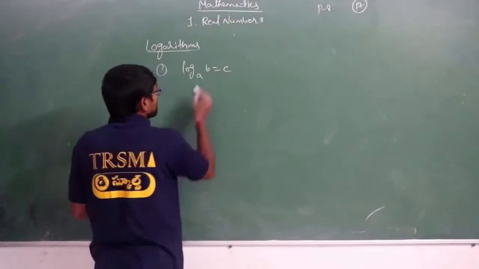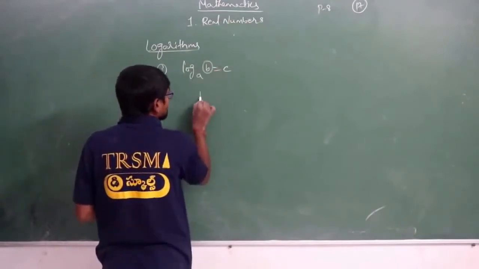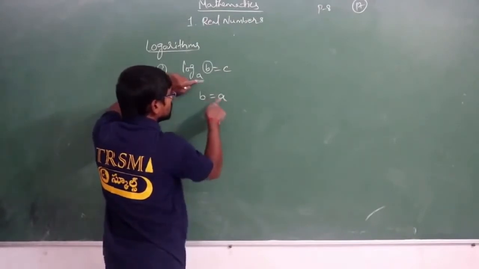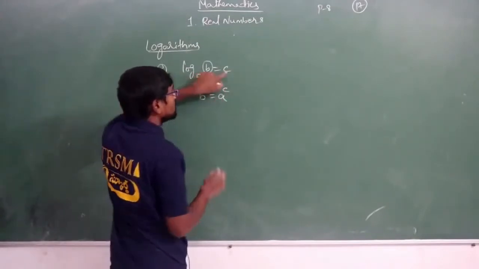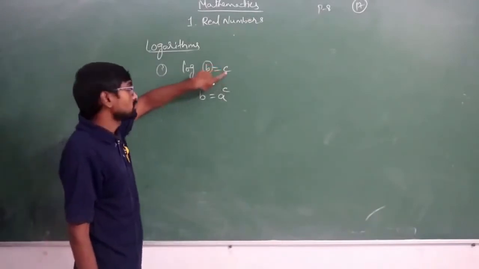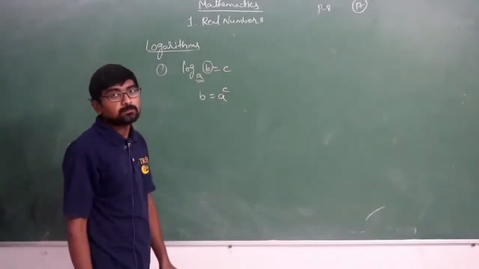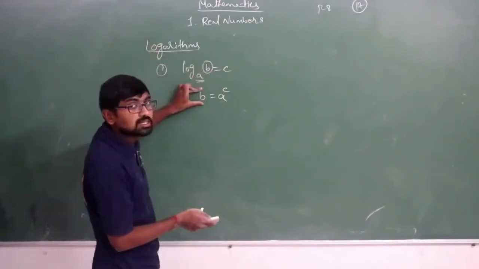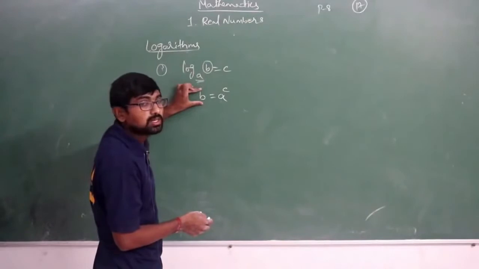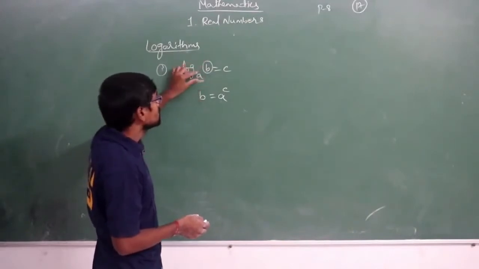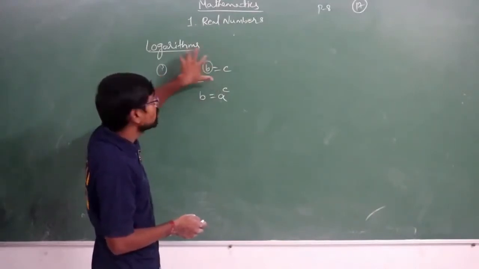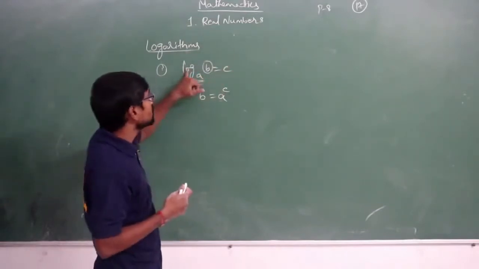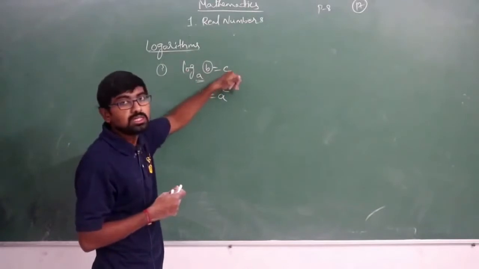The base comes to the base, and the value which is after the equals symbol comes to the power. This can be pronounced as log base a of b is equal to c.